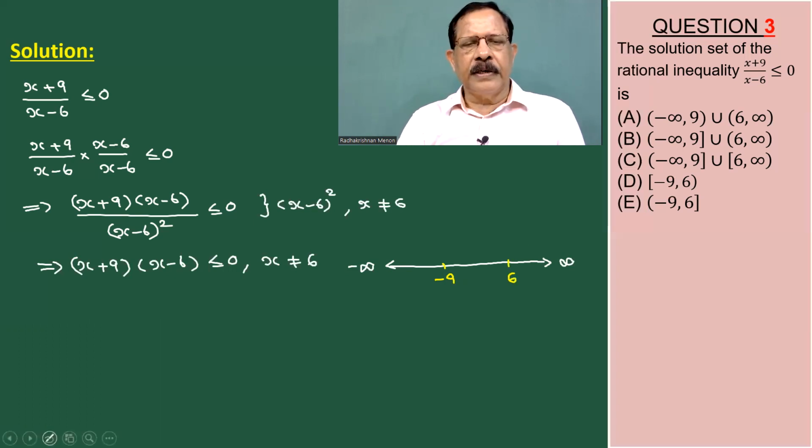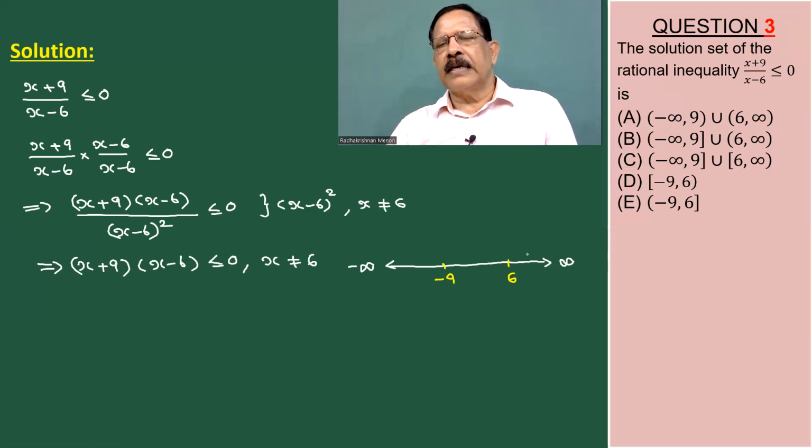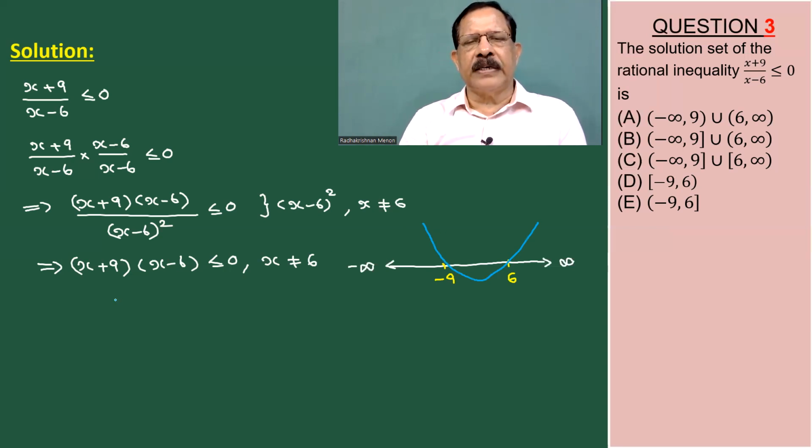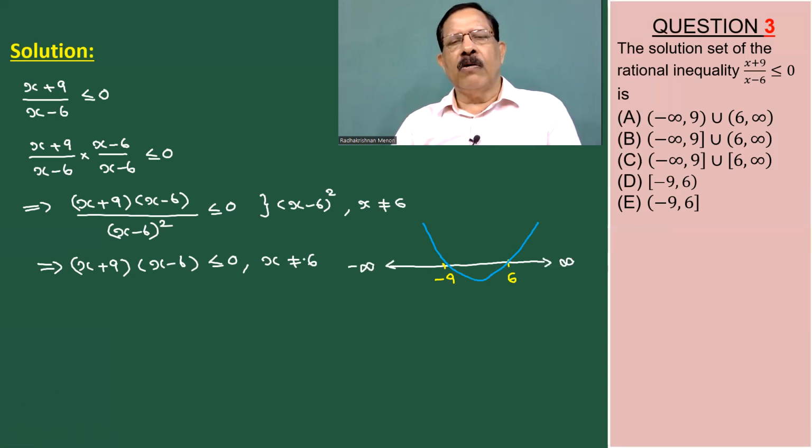Afterwards, draw a wave starting from the right above the line. It should be like this. This is the graph of the expression x plus 9 into x minus 6. Positive means the part of the graph above the line, where the expression will be positive.